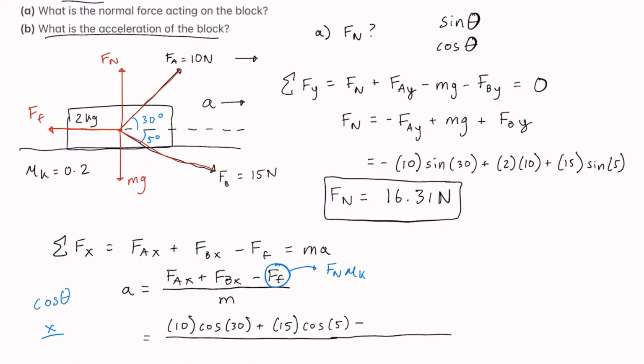We found Fn in part A, which is 16.31, times the coefficient of kinetic friction, which is 0.2. All of this over the mass of the block, which is just 2 kilograms. Simplifying this, we get a is equal to 10.17 meters per second squared.